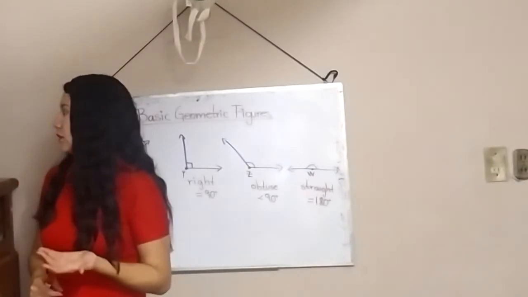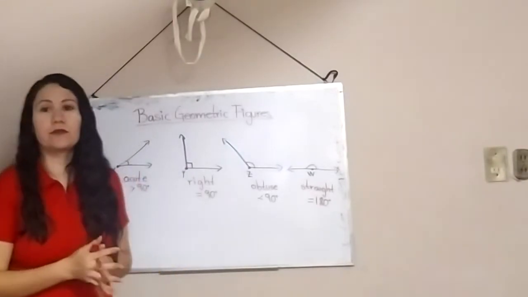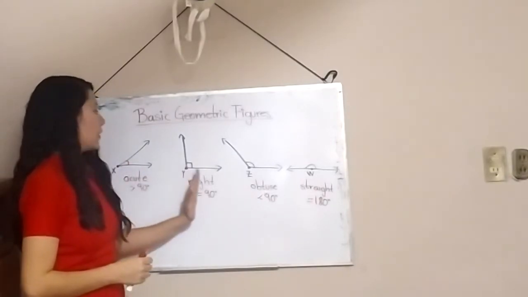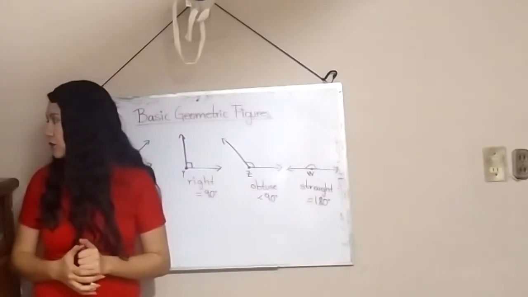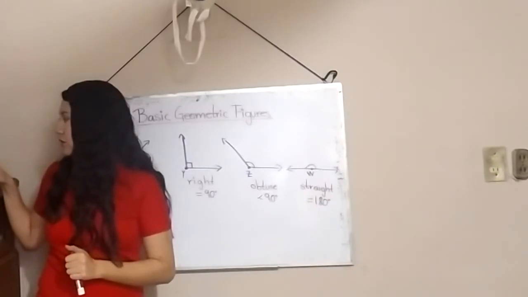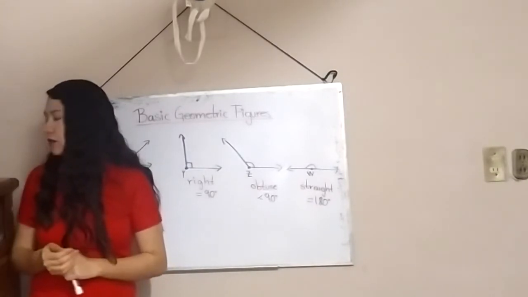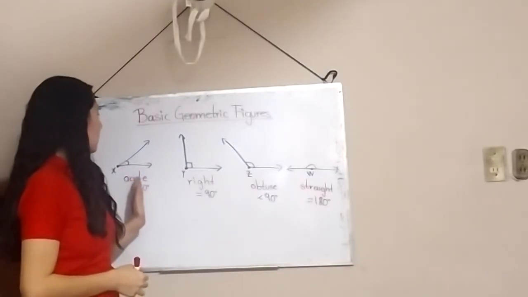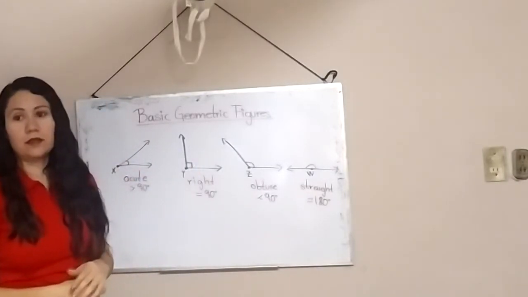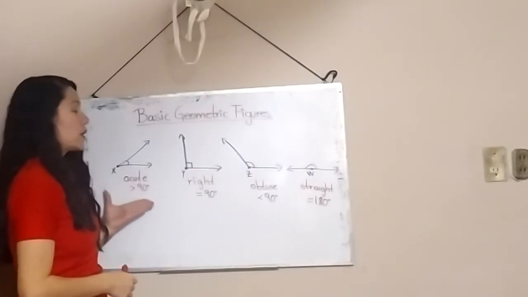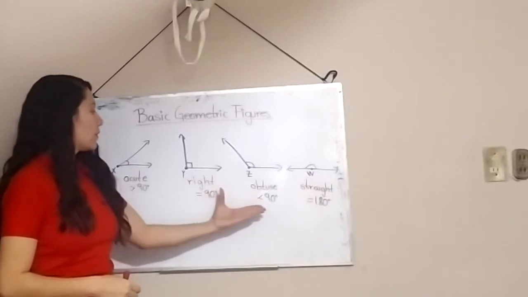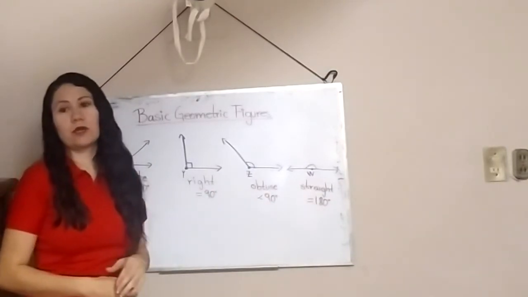Now in skill check number 2, you have to find the measurements of some angles and all you have to do is classify them into acute, right, obtuse, or straight.